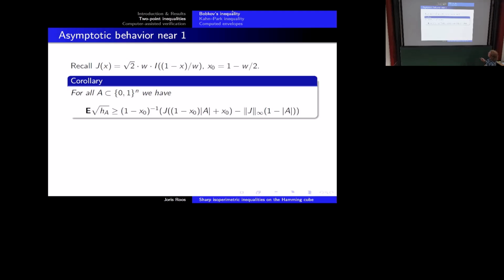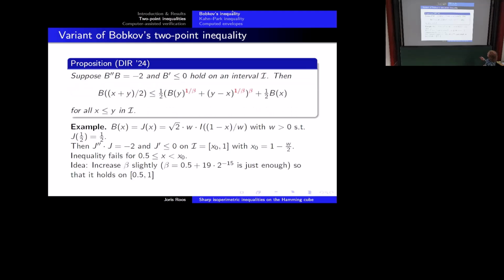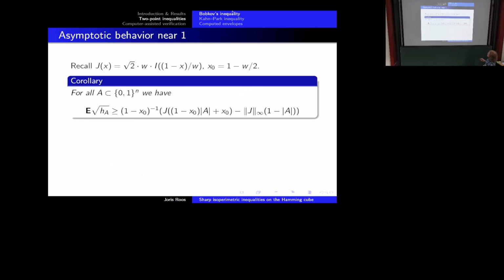So if you take the function from before and you rescale the indicator function to take values in this interval and you plug it into this inequality and you run the inductive argument, then you get a very nice corollary, which is that the expectation of square root of HA, that's a quantity that's hard to bound from below, right, satisfies this inequality.